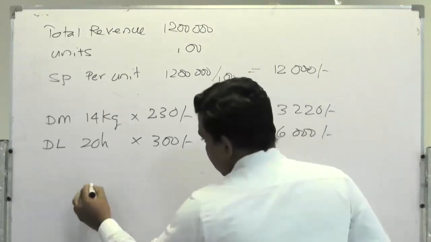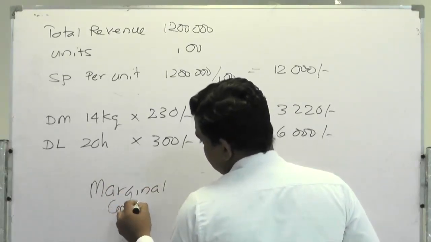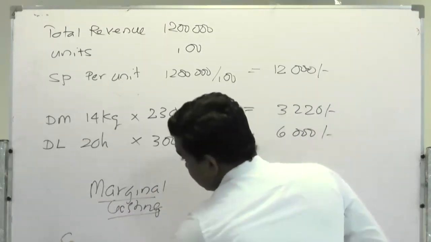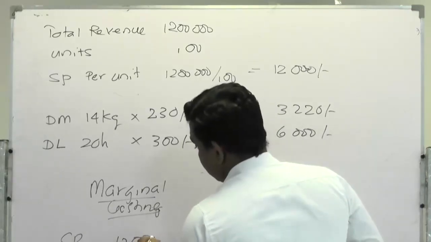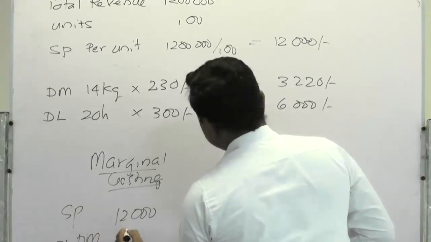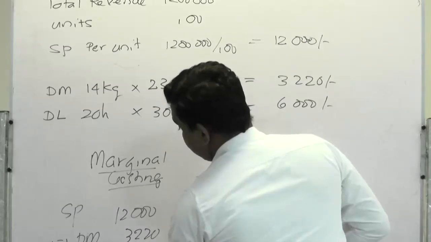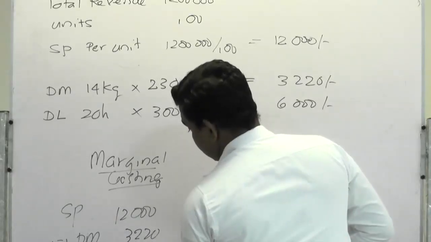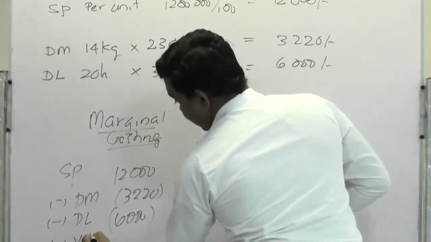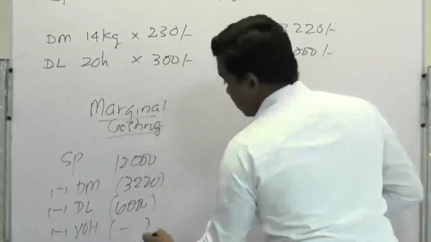Now this can be analyzed in two ways. One, the marginal costing. According to marginal costing, you can analyze selling price 12,000 minus direct material 3,220 minus direct labor 6,000. Unfortunately, there is no variable overhead. If there is variable overhead, you have to take it, right? It is 0. They didn't mention that.